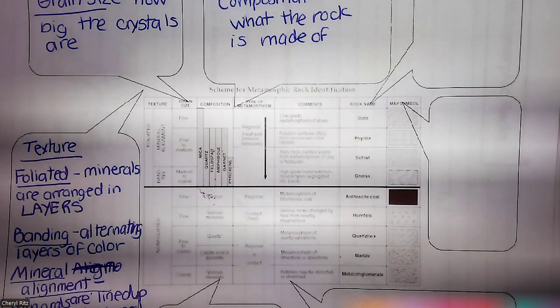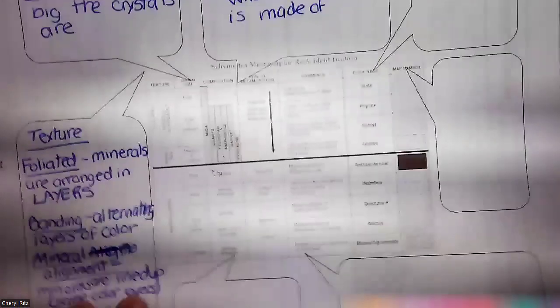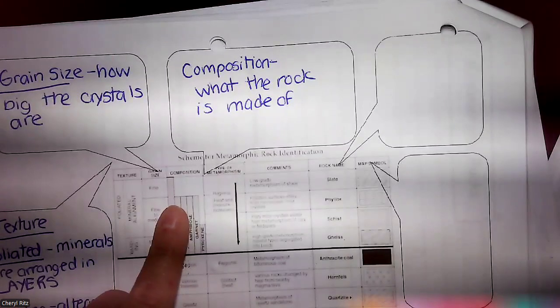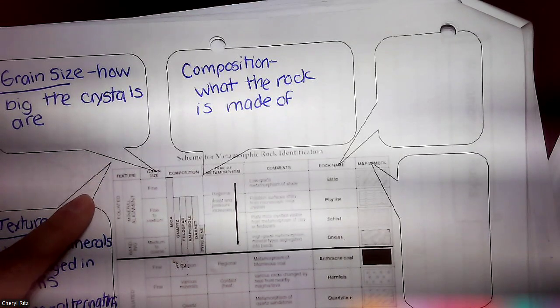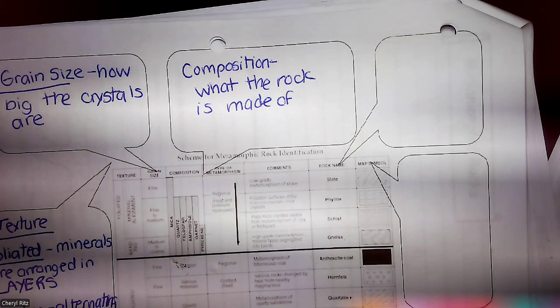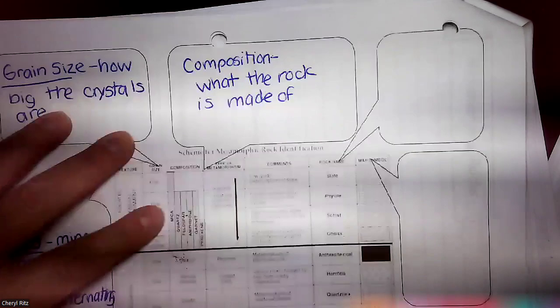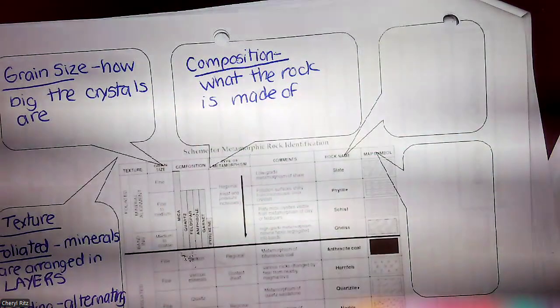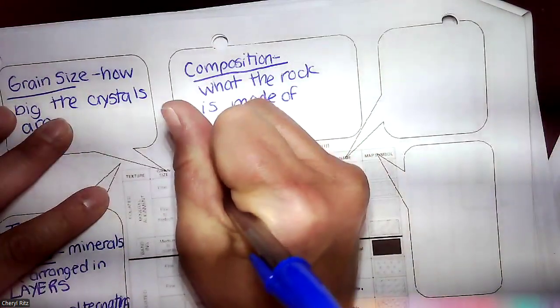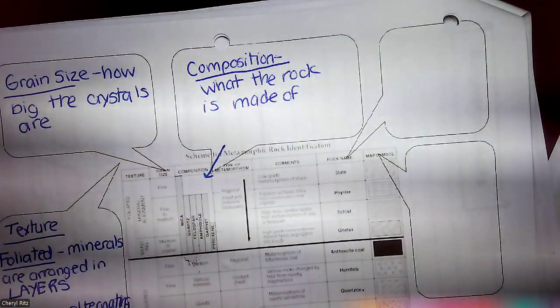So you guys understand how to do the composition. Okay, if the bar is there, that rock has it. All right, we're moving on. Oh shoot, we put this in the wrong box. Okay, so did you guys label this box composition? Make sure you realize it's pointing to the composition box.